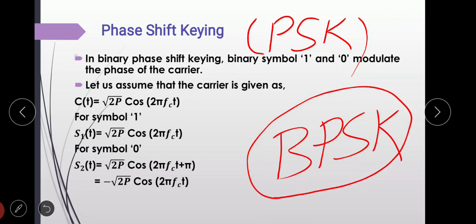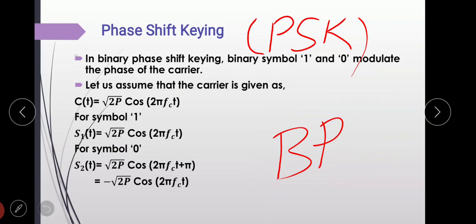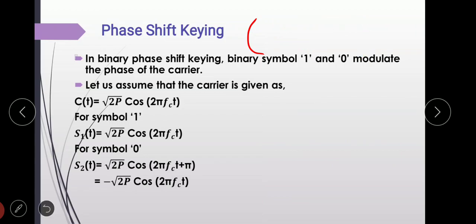Here each signaling element is represented by a single data bit, meaning each symbol is represented by a single data bit. Here the carrier undergoes two phase reversals, such as 0 degree and 180 degree. Means at a time we transmit a single bit, 1 or 0.